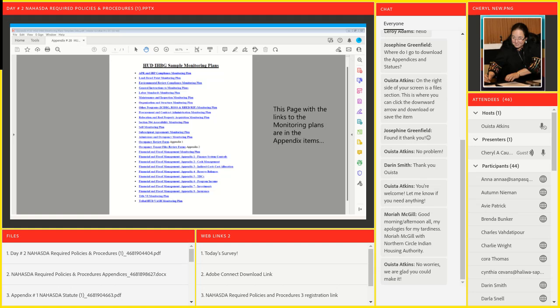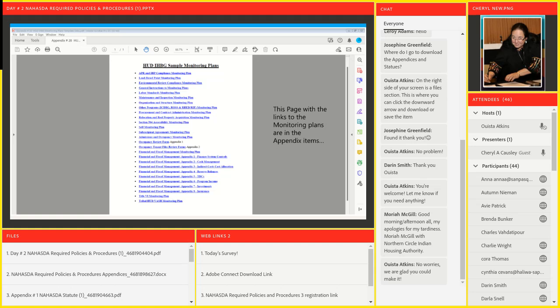Put a great big old sticker on the front: no proof at the time of admission that family was eligible. You caught your own mistake, okay? It's a bad thing, but hey, you caught it as part of your self-monitoring. So use these forms. They're really, really good.